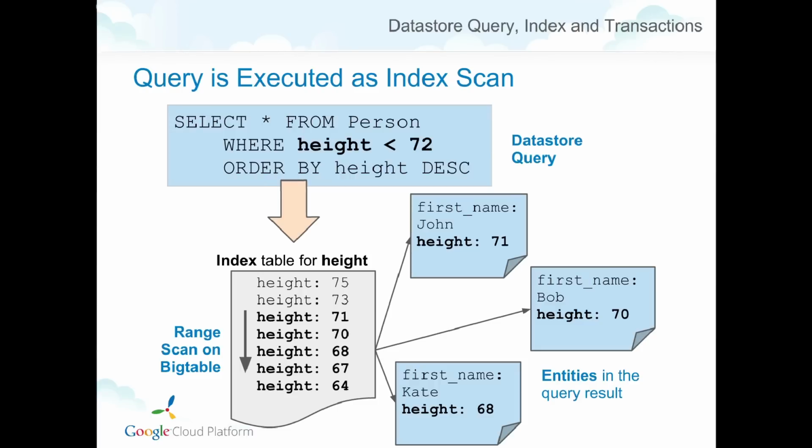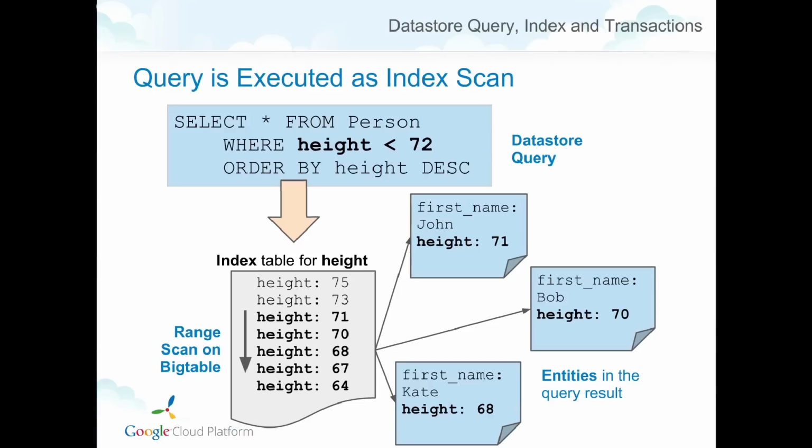So think about a simple query like this, trying to select all the person entities with a condition like the height property must be less than 72. For this query, it will be executed as a range scan on Bigtable with an index table for height. Recall in the Datastore introduction session, there was a function called memscan. Bigtable can scan on the key, not on the values.